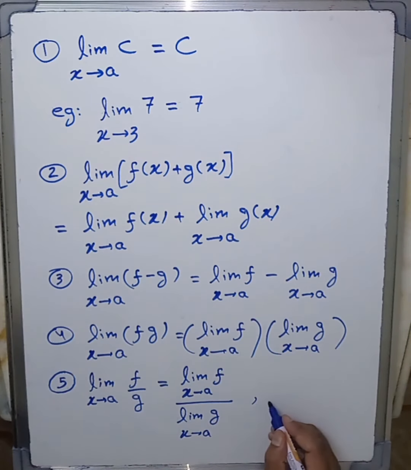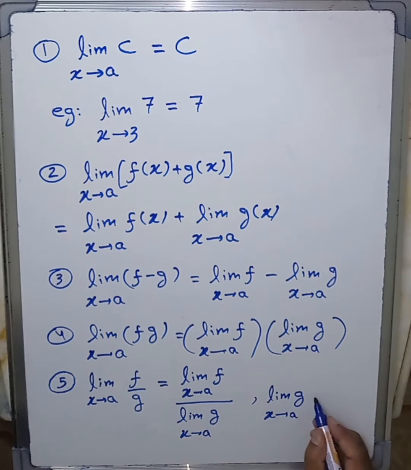So the condition we will write as limit of g as x tends to a should not be equal to 0.